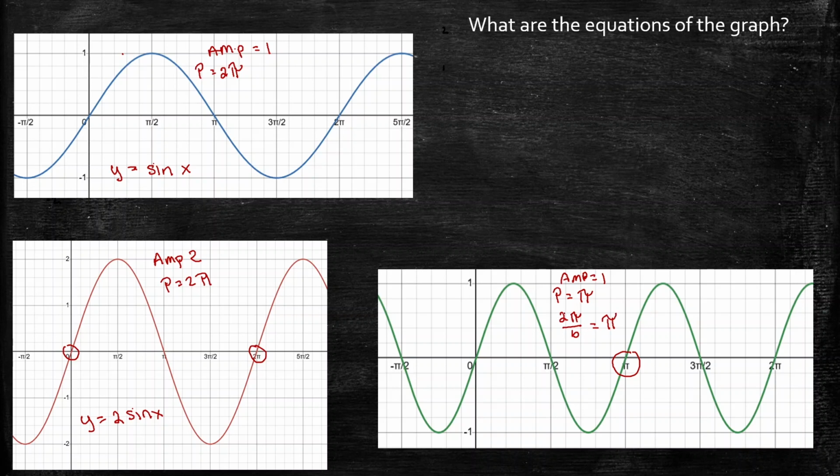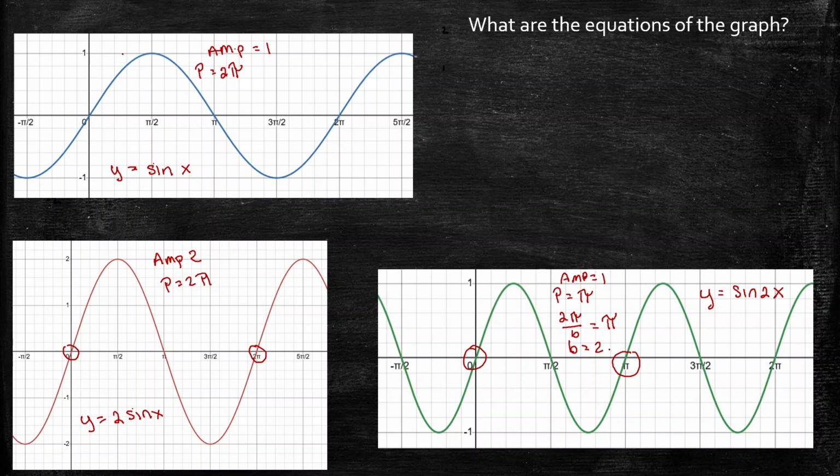Then b is 2 pi divided by pi, so b equals 2. And that totally makes sense to me. So then y equals, and again, I started at 0, so it's sine 2x. So that's how you can interpret these by looking at the graph and figuring out what the function is.